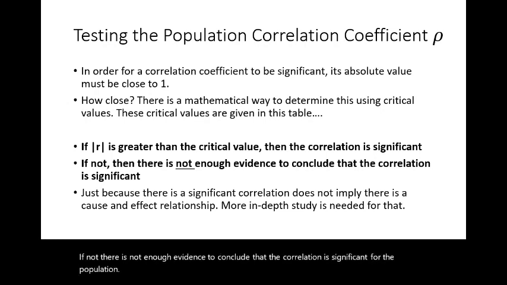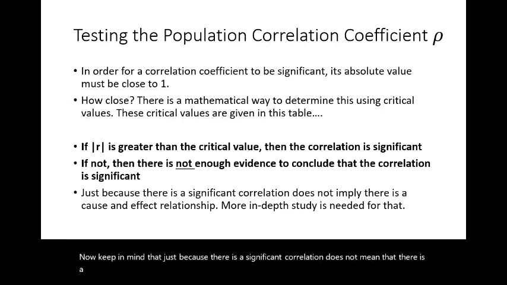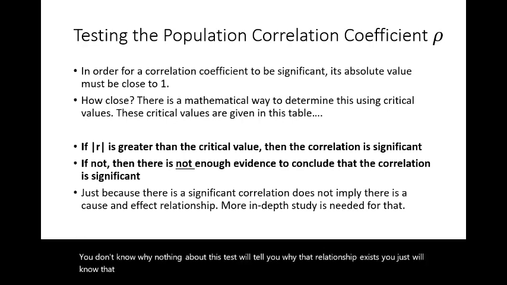Keep in mind that just because there is a significant correlation does not mean that there is a cause and effect relationship. All you are saying is that there is some sort of linear relationship. You don't know why. Nothing about this test will tell you why that relationship exists. More research and in-depth study would be needed to determine a cause and effect relationship.